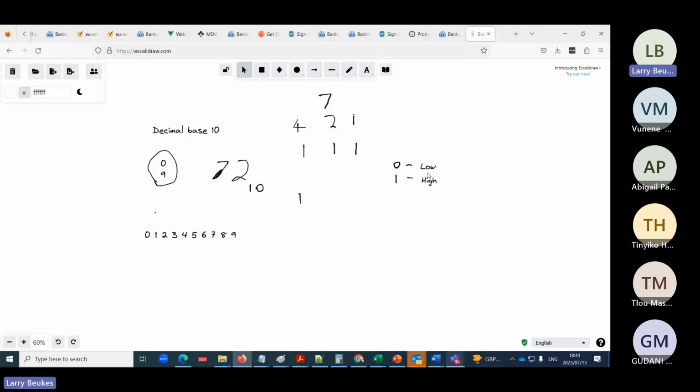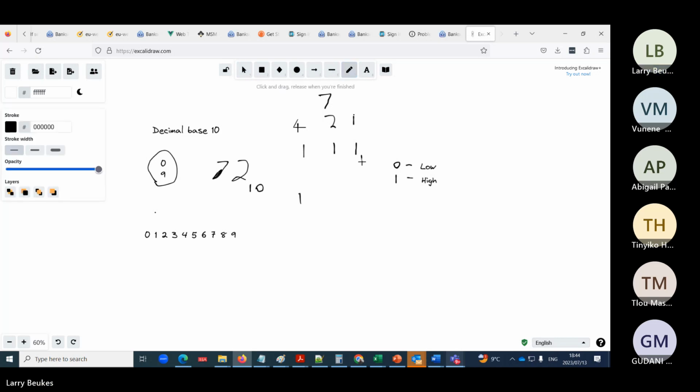Low is if it's off. Maybe it's load shedding, it's off, it's 0, right? So in binary, you have 2 combinations, 0 and 1. So it's base 2 for binary, because there are only 2 possibilities.